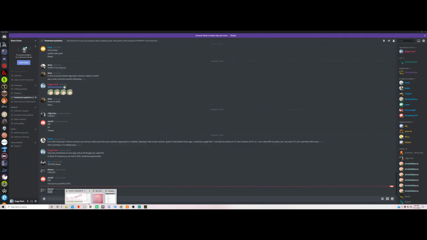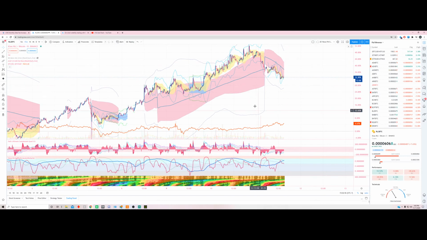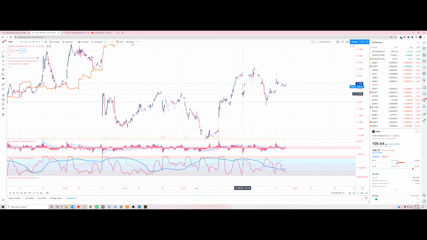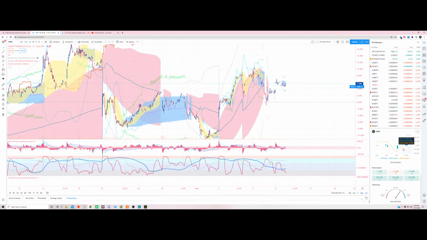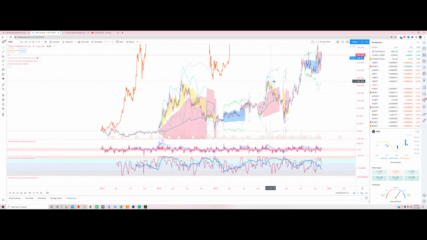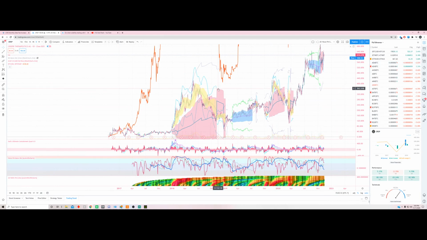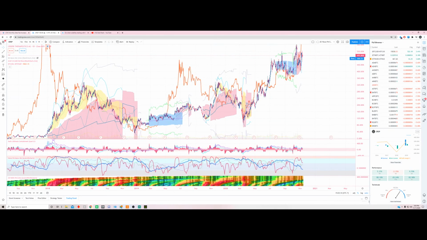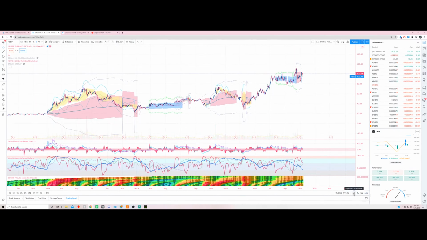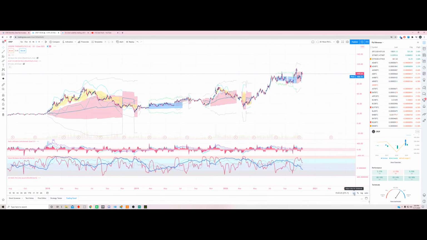CRSP. Let's check it out. CRISPR Therapeutics. All right, I'm guessing they do genetic work. Positive performance. Cool. Go away, Bitcoin. Okay. What is it? ADJ. That's new. Adjust data for dividends.